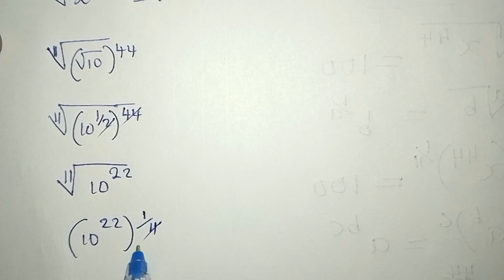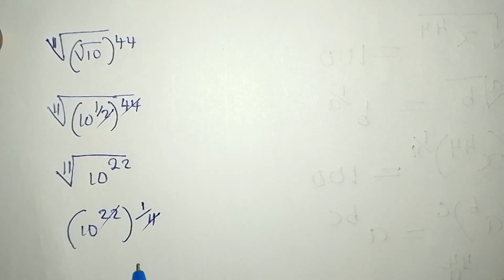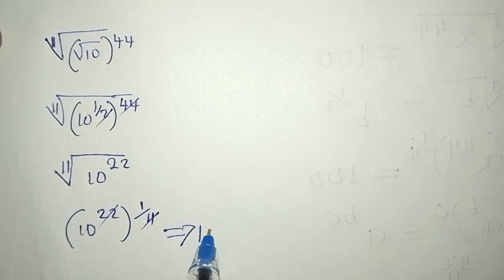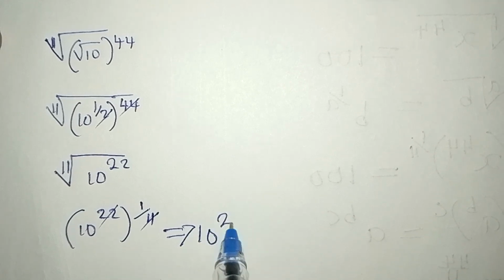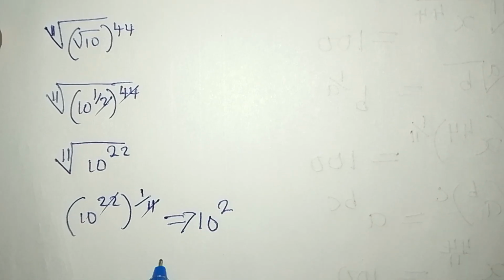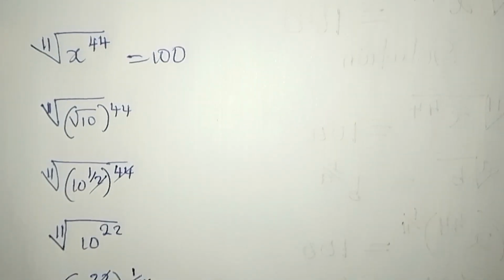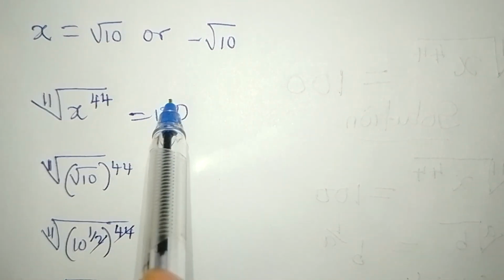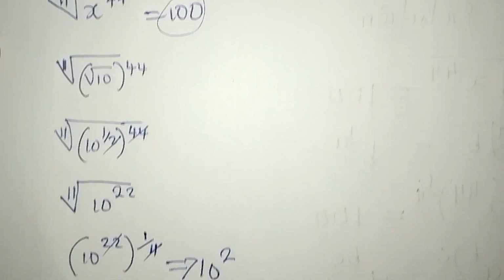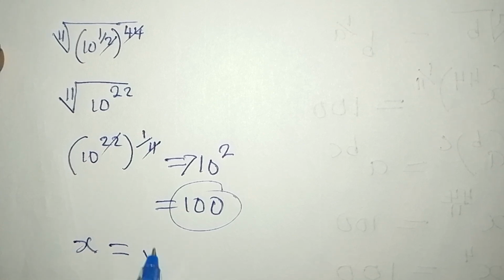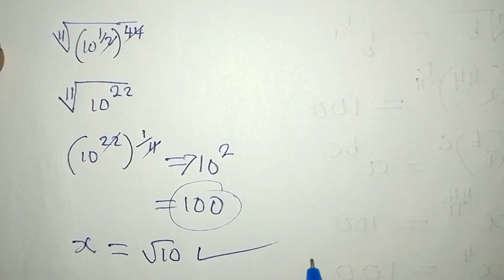So that 11 will go into this and we have 2. So this implies we have 10 to the power of 2, and 10 to the power of 2 is equal to 100. Remember that we had 100 on the right hand side, and we have the same 100 here. So x equal to root 10 satisfies.